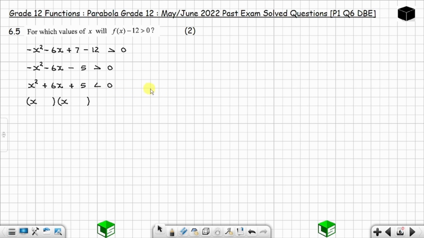And from 1 and 5, you can get the middle term, which is 6, because you know that 1 plus 5 is 6. So I can have 1 there and 5 there. You can see that 1 times 5 is 5, 1 plus 5 is 6. So you can get the middle term. And since you have plus there, you are going to have the same signs inside the bracket, and those signs are going to be plus and plus. And so less than 0.